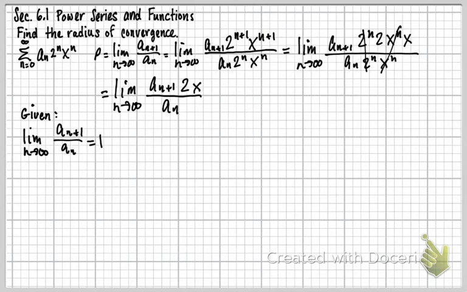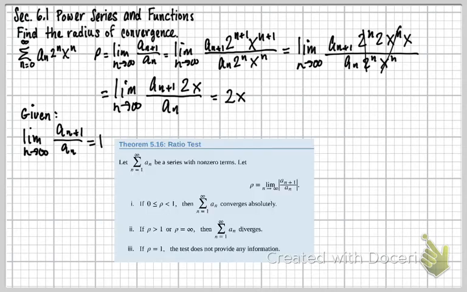So anyways, now notice I have no n's left other than this limit here being 1. So then I would say that this is just 1 times 2x, which is just 2x. Now remember, do you guys remember the ratio test? So there it is. Okay, so that tells us that rho has to be less than 1.